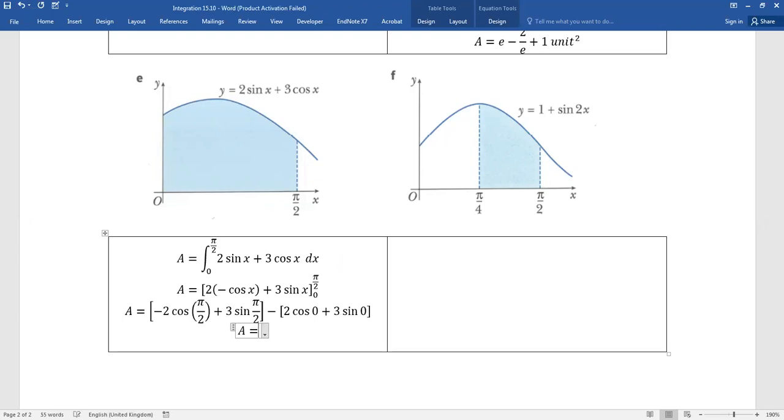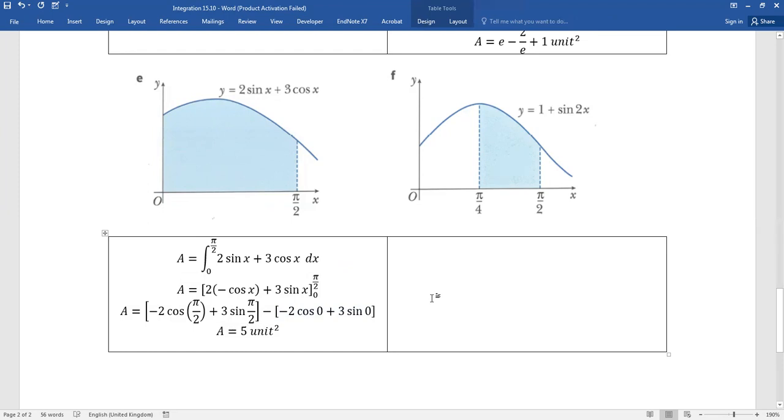So the area that you must get is 3 minus 2, 1. Is that right? Then 5. I got 5. How did you get 5? Okay, yes, this is -2. Absolutely right. You must get 5. Sorry, my bad. It's 5 units square.